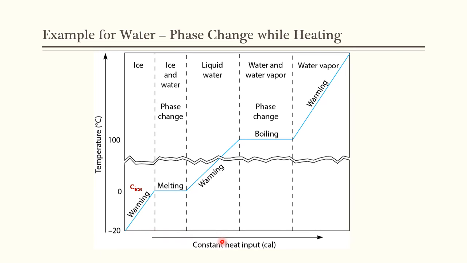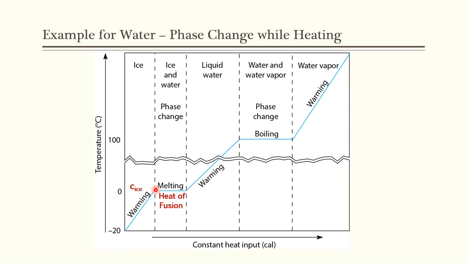Here we're adding a constant heat input. So calories per gram degrees C, or joules per kilogram degrees C, whatever heat capacity you're using, that's what's governing this temperature change. As you add energy, the temperature rises as a function of the heat capacity.